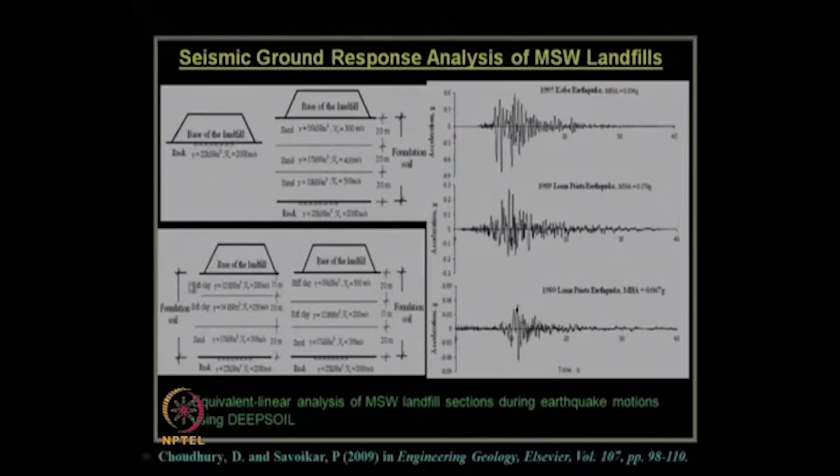Then another MSW landfill is founded on another type of soil, that is soft clay followed by sand and then rock, and another landfill is constructed on foundation soil like stiff clay followed by soft clay, sand and rock. So, various layers and combinations of foundation soil were considered for this seismic ground response analysis.